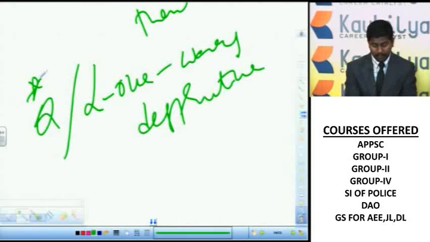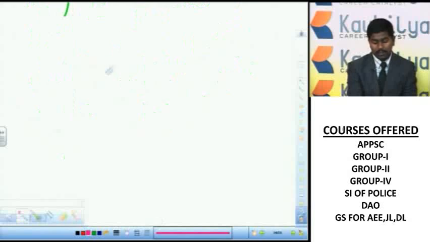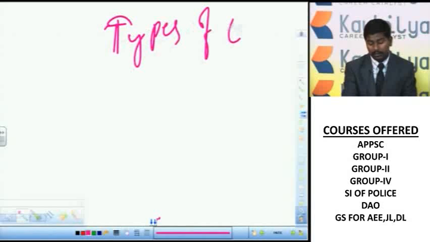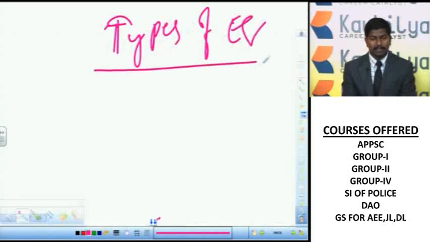Then coming to the types of earthquakes. You know the meaning of epicenter and focus.